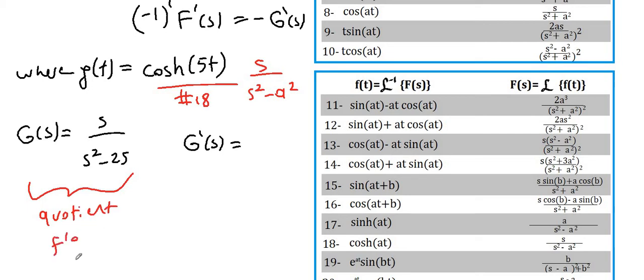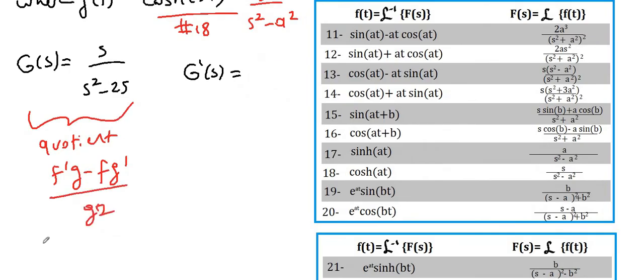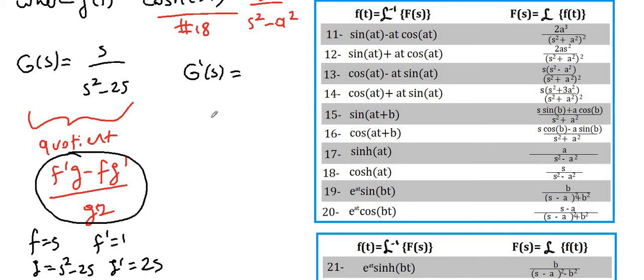The quotient rule is f prime times g minus f times g prime, over g squared. Here in our case, our f function is s. The derivative of s is 1. Our g function is s squared plus 25, and the derivative of s squared plus 25 is 2s. And if we apply it into this formula, we obtain G prime of s as negative s squared minus 25 over s squared plus 25, the quantity squared.